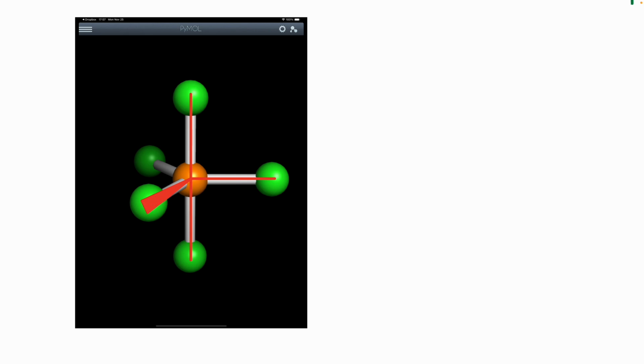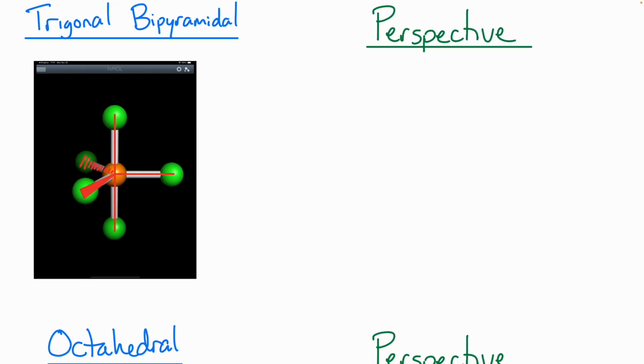All right, the other one is pointed into the page, so for that one I'm going to use my dash. All right, so my perspective drawing of this trigonal bipyramidal structure has those 3 straight line bonds, 1 wedge sticking out, and then 1 dash sticking behind.